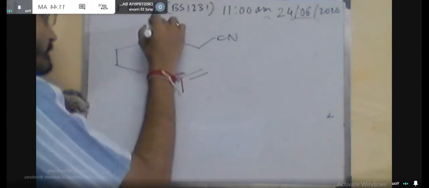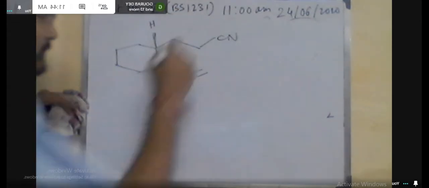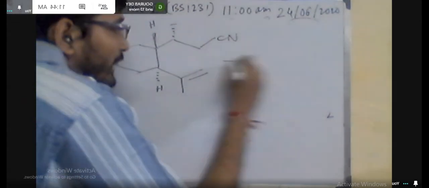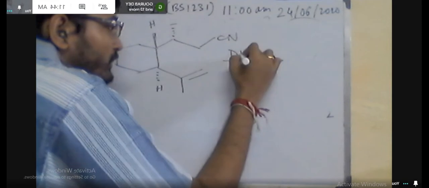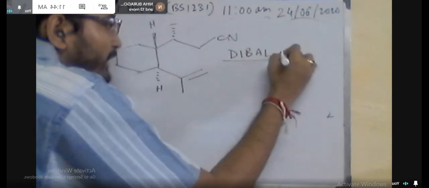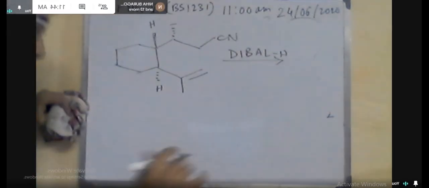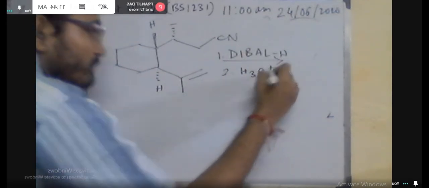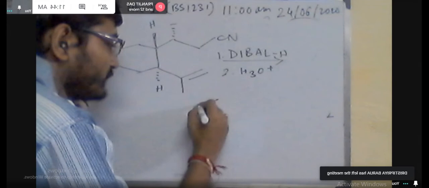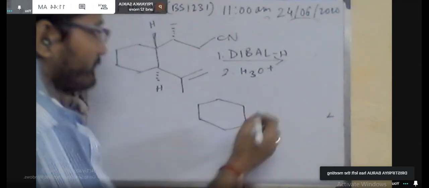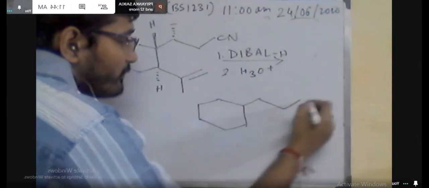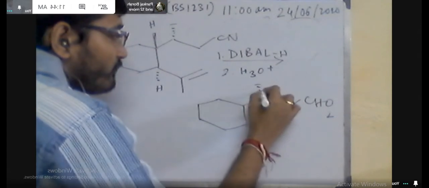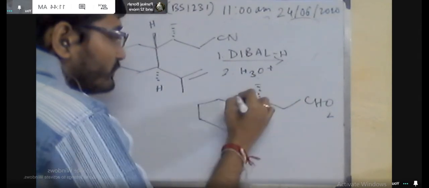That means, say this is your substrate, or say this is acetaldehyde, and you want to convert it to CH3 NH2.